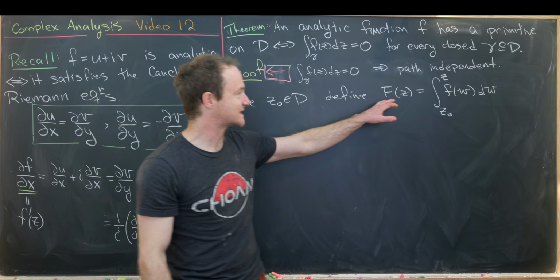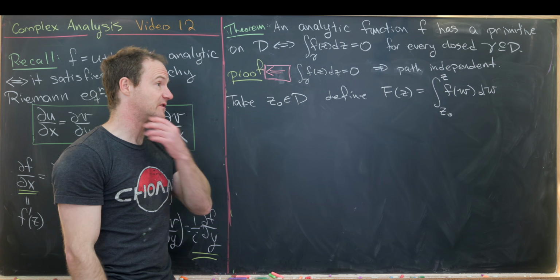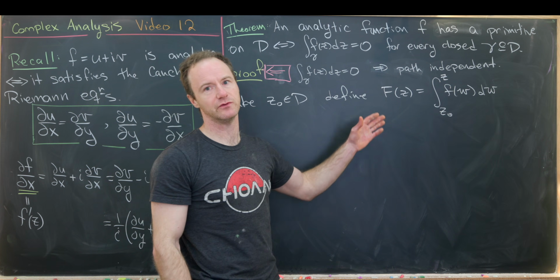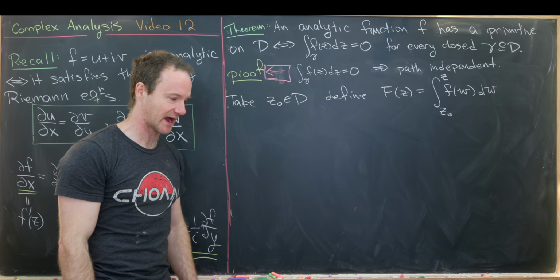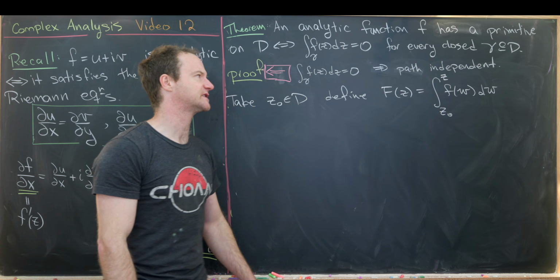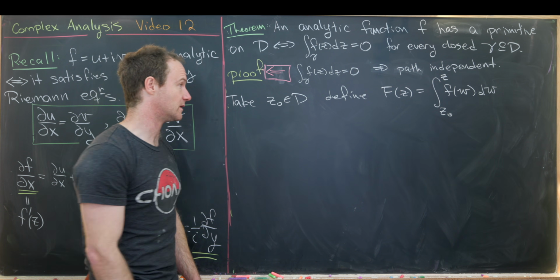So now we would expect the derivative of capital F to be little f if in fact we were within real variables, because this is like how you define some sort of abstract antiderivative in real variable calculus. So we want to make sure that this works in our complex analytic setup as well.